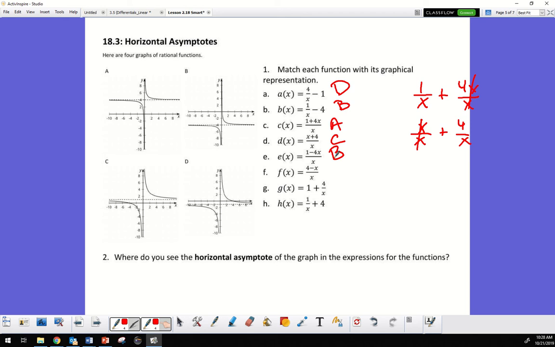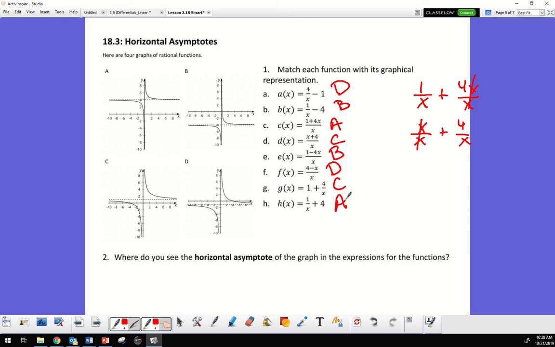It's going to be -1 because it's negative X over positive X. So that's -1. So my answer is D. What about G? At positive 1. So my letter is C. And H is at 4. So my letter is A.